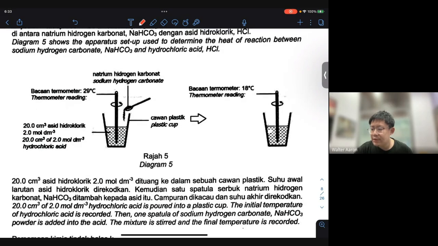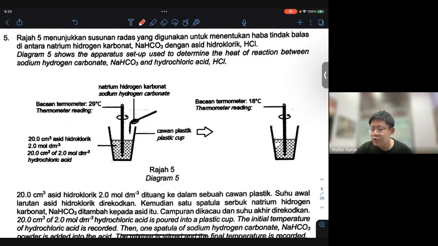So right now you can see here that after adding in sodium hydrogen carbonate, the temperature from 29 degrees Celsius became 18 degrees Celsius, right? From 29 degrees Celsius to 18 degrees Celsius. And it is added to 20 cm³, 2.0 mol per dm³ of hydrochloric acid.